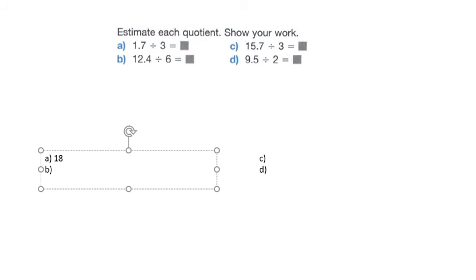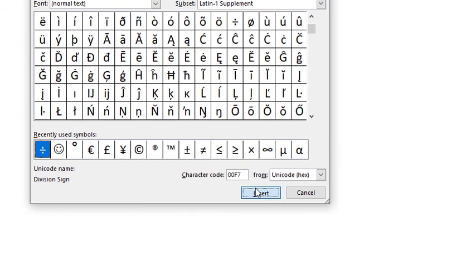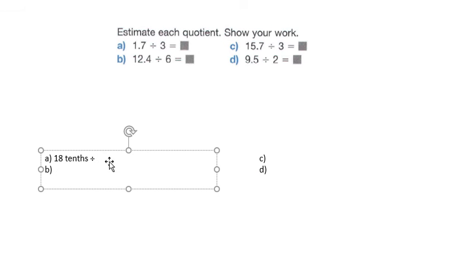So I can say this: 18 tenths divided by 3. So this is the rounding, remember. What is 18 divided by 3? This would be one where we can say, well, let's take 3 groups. If I put 18 into 3 groups, I would have 6 in each group.